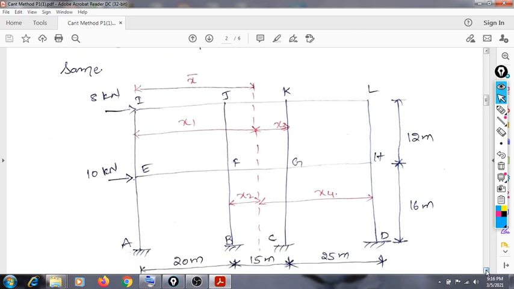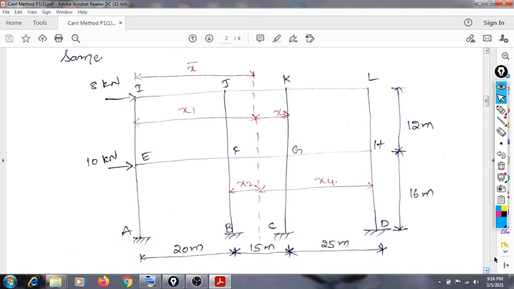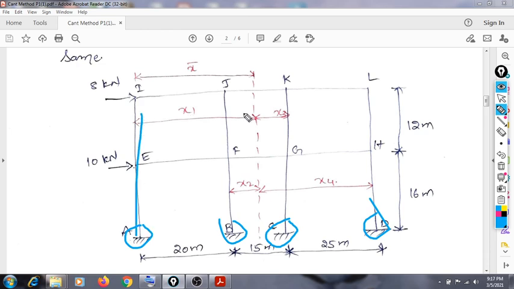This is the given portal frame, and we have A, B, C and D. A, E, I are the columns, J, F, B are the columns, K, G, C are the columns, and L, H, D are also the columns.